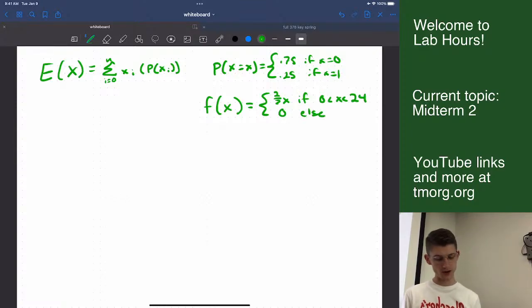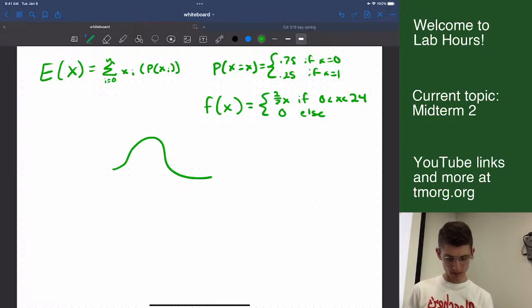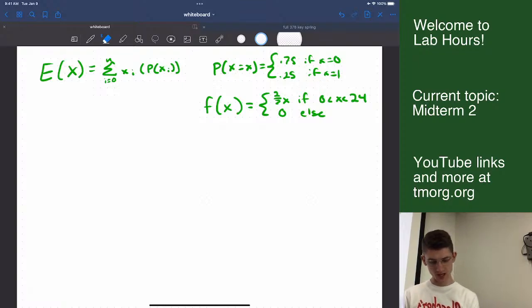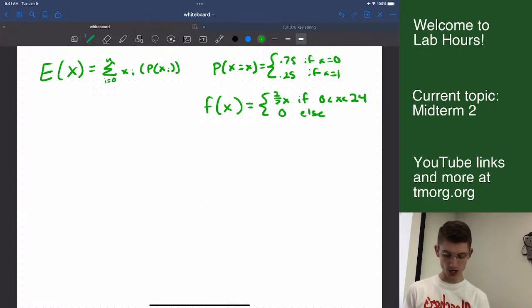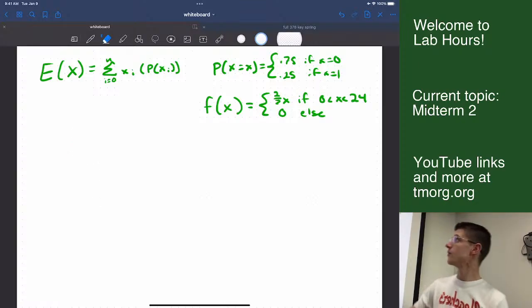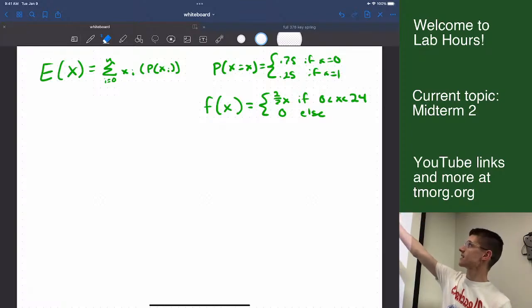Which is to say that the graph of x looks like a straight line or something. But we'll get there. The thing to know for expected value of x, and what has changed since the last midterm, is that you will no longer be doing the sum, from the bounds of x, of x times the probability of x.